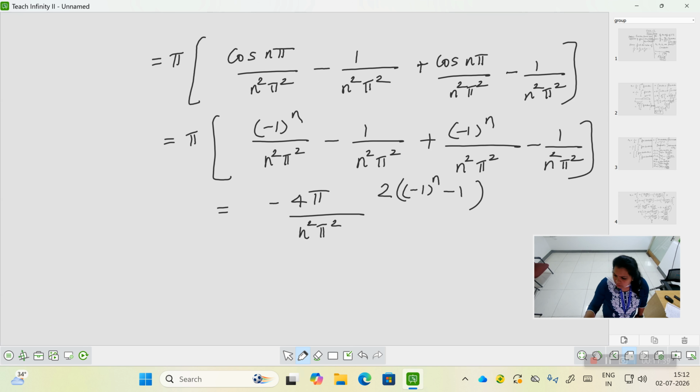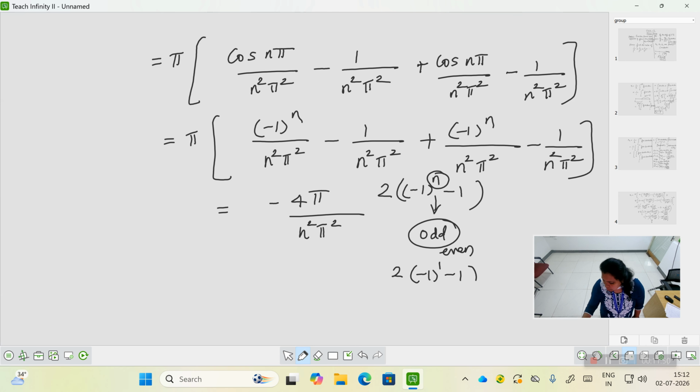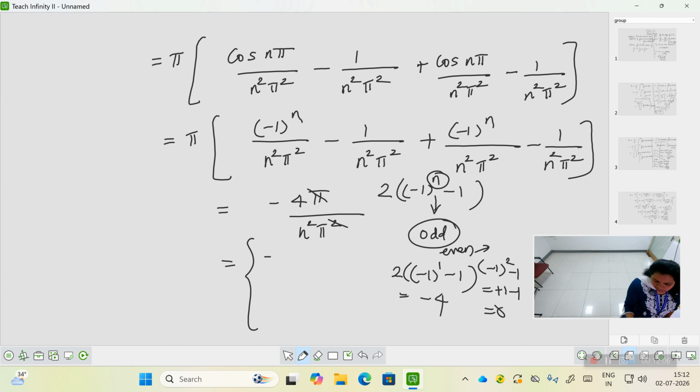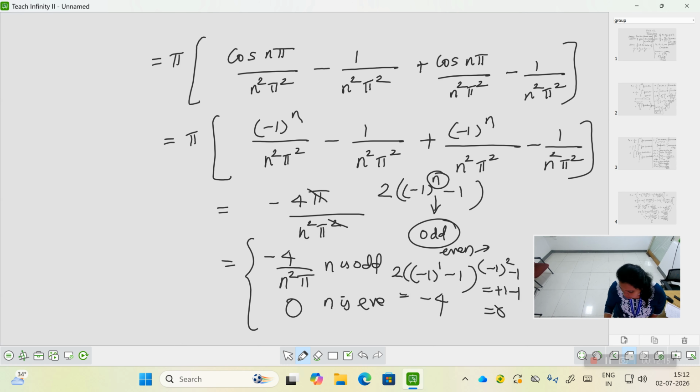So actually we have to check the value for odd and even. When you get odd value, you get minus 1 to the power 1 minus 1, you get the answer to be minus 4. When you substitute for even, you'll get 0. So this is valid now. So we are going to write it like this: minus 4 by n square pi, n is odd, and 0, n is even. So this is the answer for an.